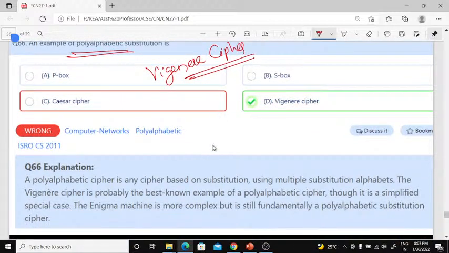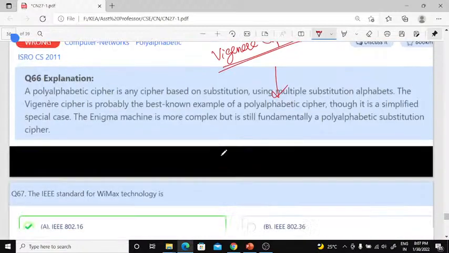So the Vigenère cipher is the best example of a polyalphabetic cipher.